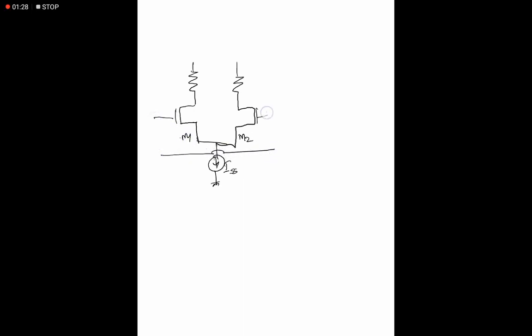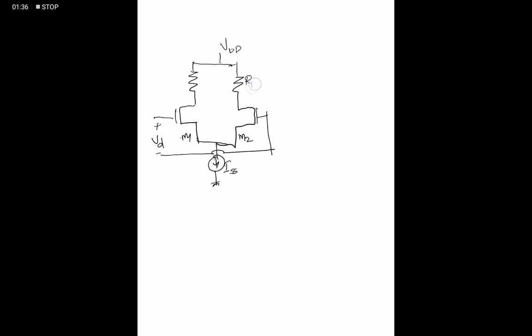In the last lecture we considered a differential amplifier with some load resistance and a tail current ISS and two MOSFETs, M1 and M2, and we gave some differential signal VD, with supply VDD.